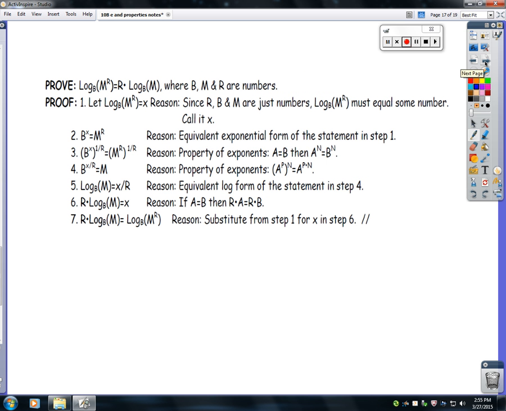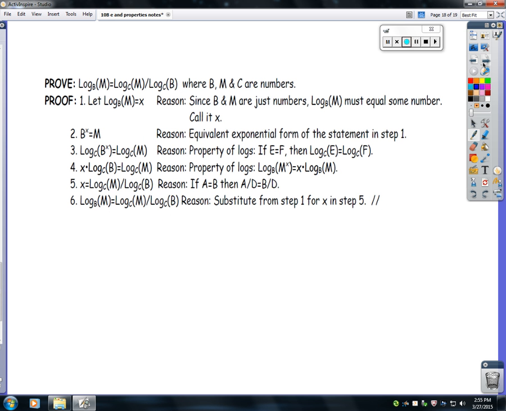Here's the proof of the power property. And finally, here's the proof of change of base. So like I said, if you want to know the why they work, not just that they work, but why, here's your whys. All right, see you in class.